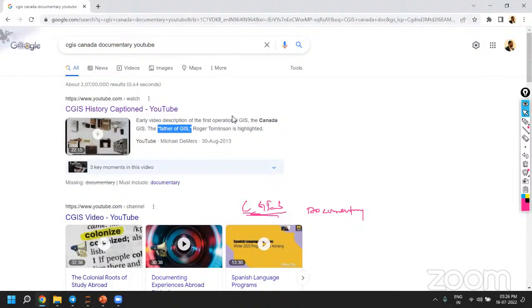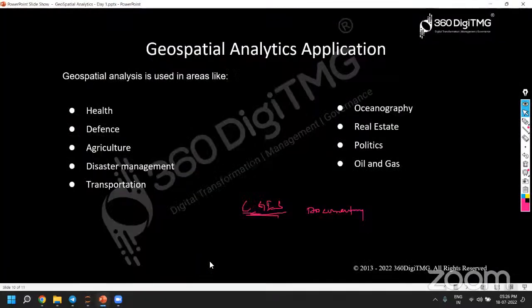Next, in order to capture this data, right? If I have to capture the GIS data, the first thing that I need is the data about the world, Earth. So that means I need to be able to capture the information about the geographical locations, isn't it? So we call this remote sensing. I'm assuming the majority of you know what remote sensing is.